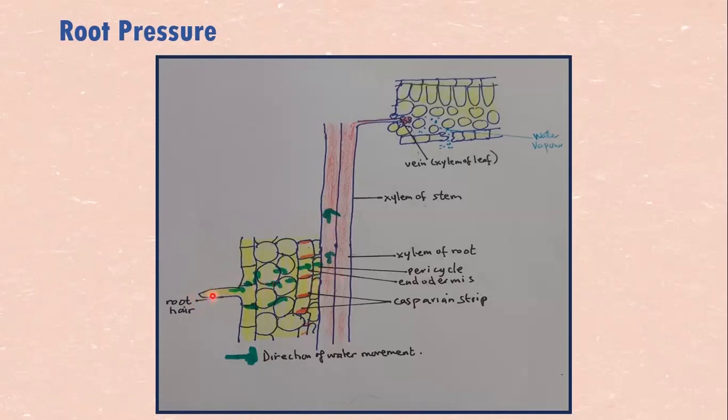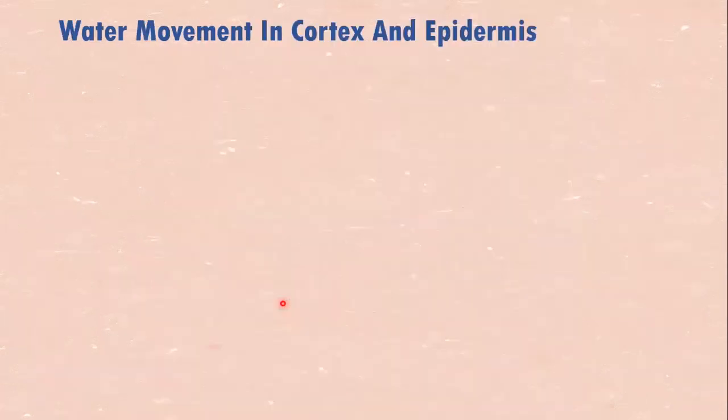Now, the water, when it is pulled, goes through the root hairs, epidermis, and the cortex. And we have to explain that the water moves through these epidermal and cortical cells by the apoplast, symplast, and vacuolar pathways.